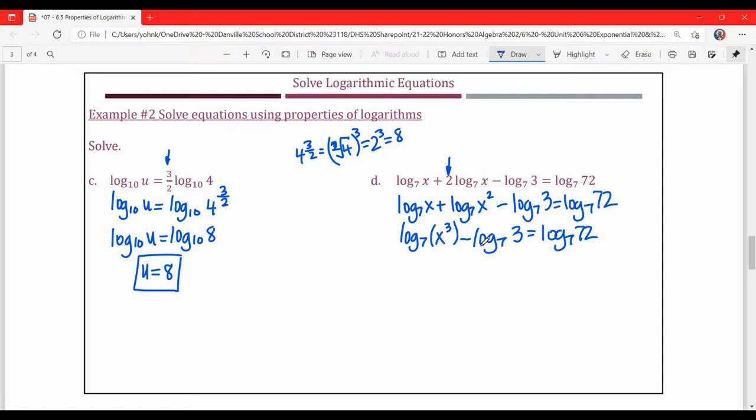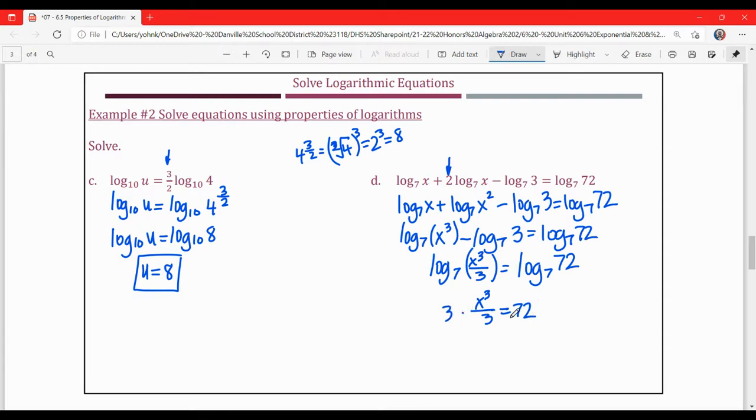Now I've got two log base 7s again with subtraction, so that's division. So I can simplify by saying log base 7 of x cubed over 3 equals log base 7 of 72. Since they're both log base 7s, I can set the rest of it equal to each other. So x cubed over 3 equals 72.